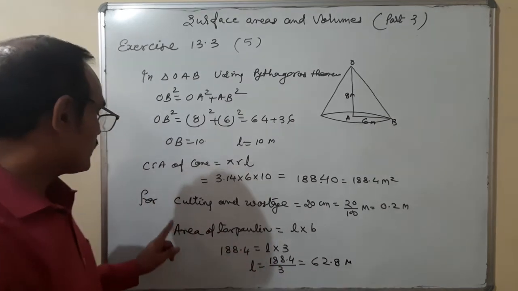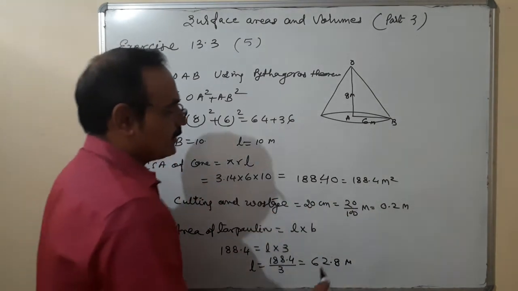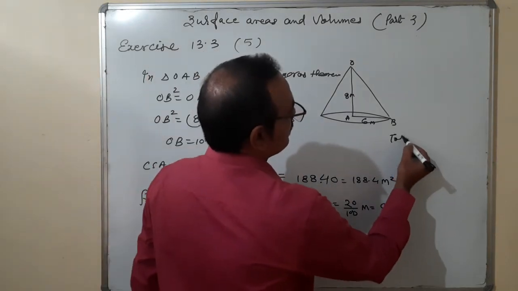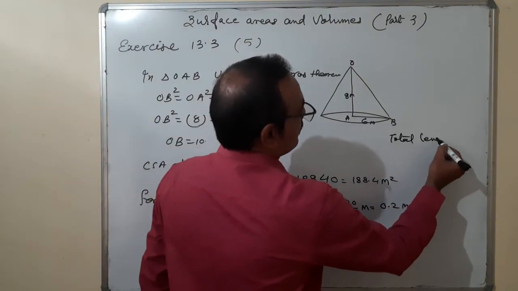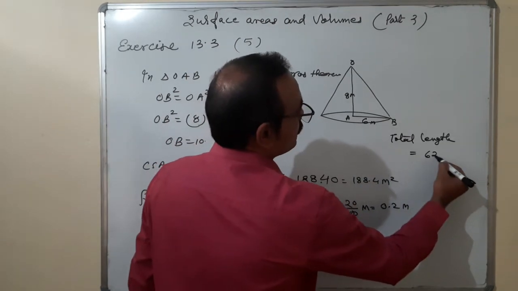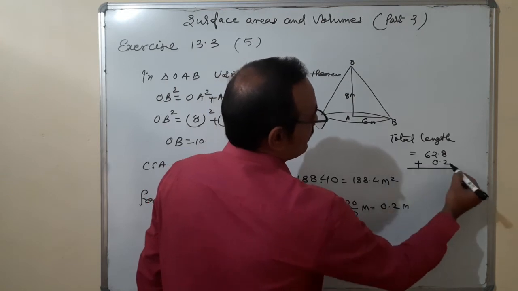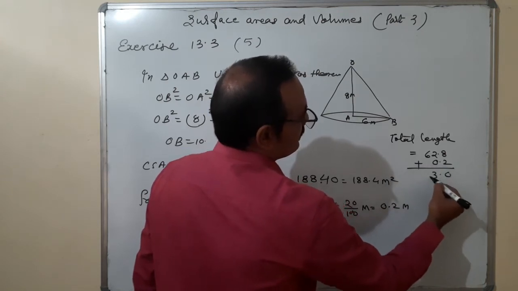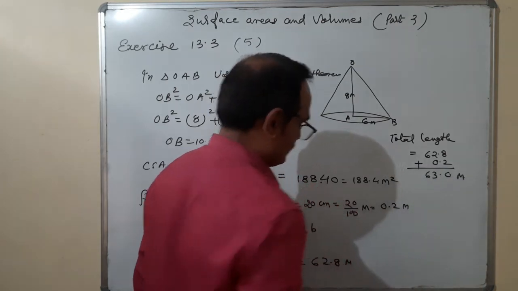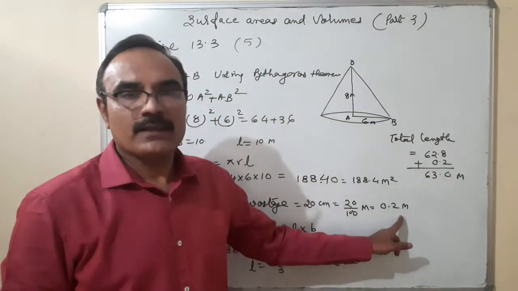But for cutting and wastage, 0.2 meter. So the total length is equal to 62.8 plus 0.2, 63 meter. Because for cutting and wastage, the 0.2 meter is also to be added.